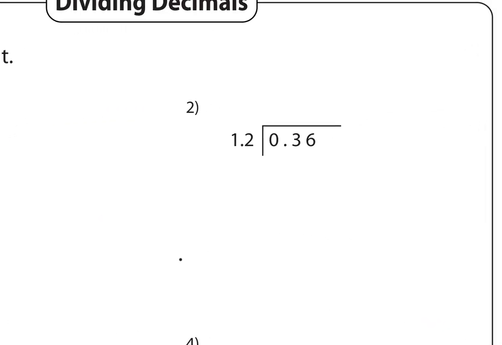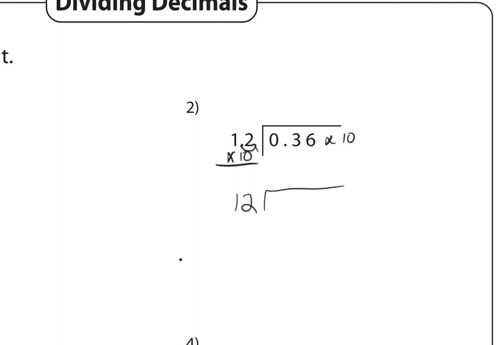Let's go to problem number 2. First question to ask, do I have any decimals in my divisor? Yes, I do. I'm going to multiply this number by 10. It makes my decimal move one place because of the 0. I wind up with 12 divided into.